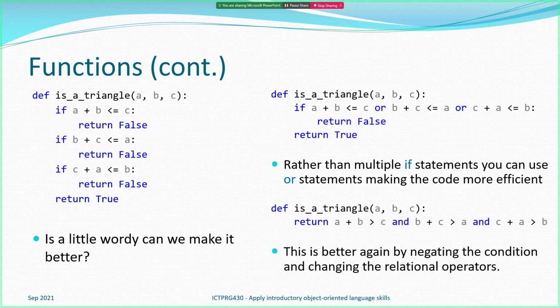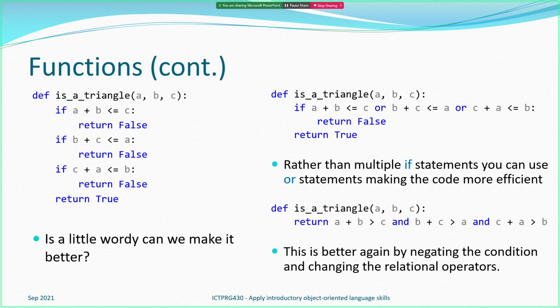Now, is this more efficient? As far as the code's concerned, it is, because it can go through and execute one line instead of multiples. But does it improve the readability? I'd argue when you're starting out, probably not.